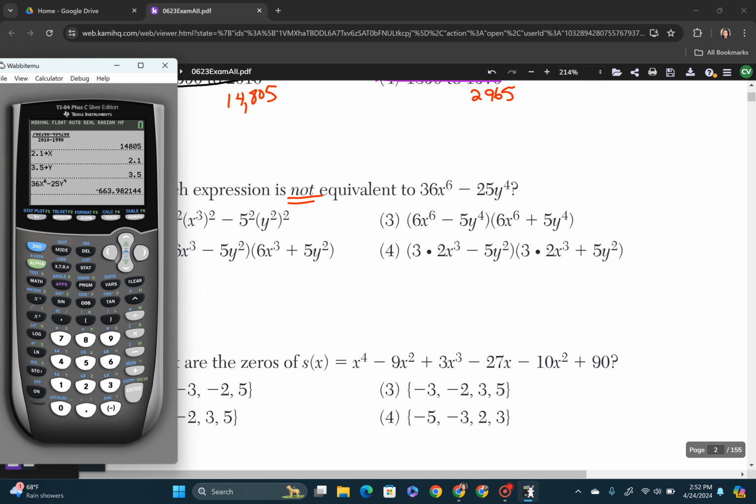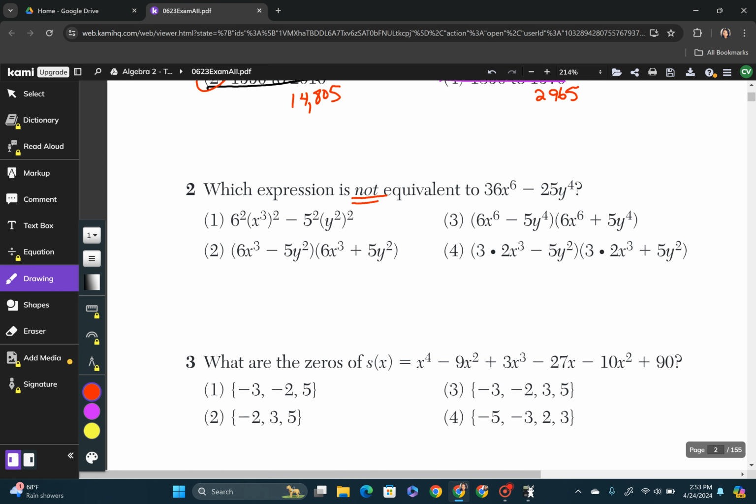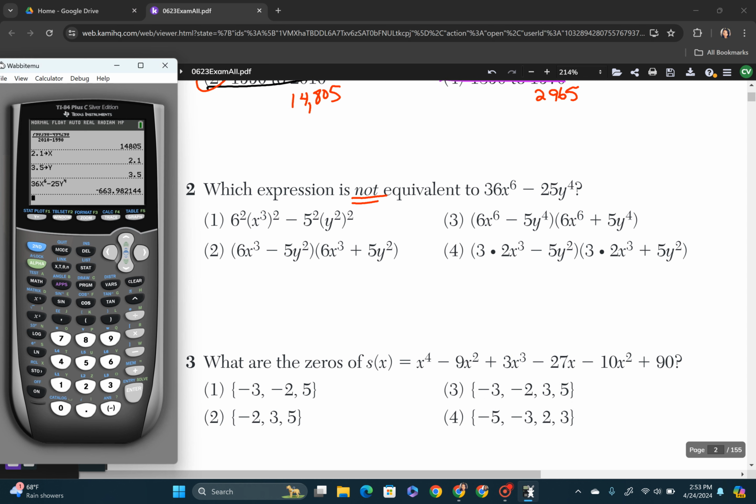And then you plug in the expressions that are there. So the first one, right, you're plugging in 6 squared. So 6 squared, parentheses, plug it in exactly as is, x to the 3rd. Right, go to the right, close those parentheses, square that, and then we have minus 5 squared.